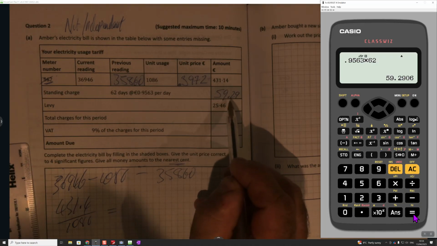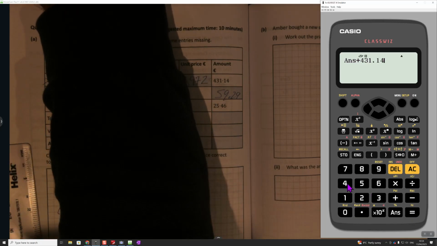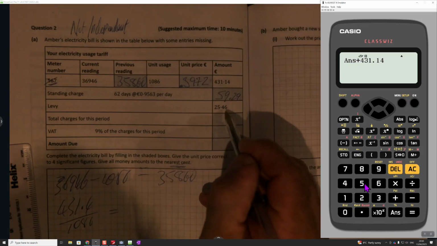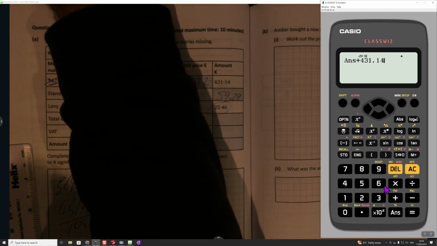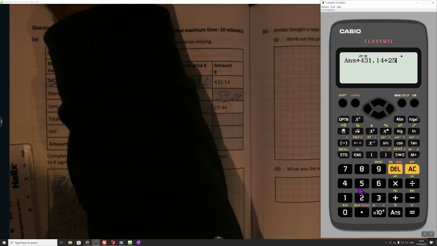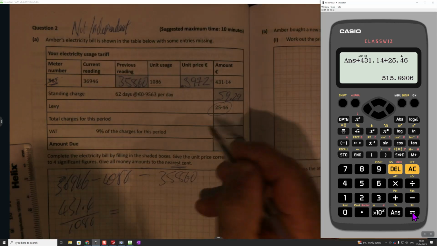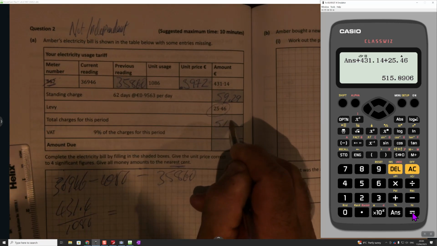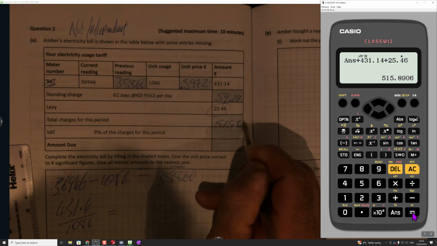Currently I have my 59.29 on the calculator, so I'm just going to add the 431.14 and the 25.46. Okay, giving us 515.89.